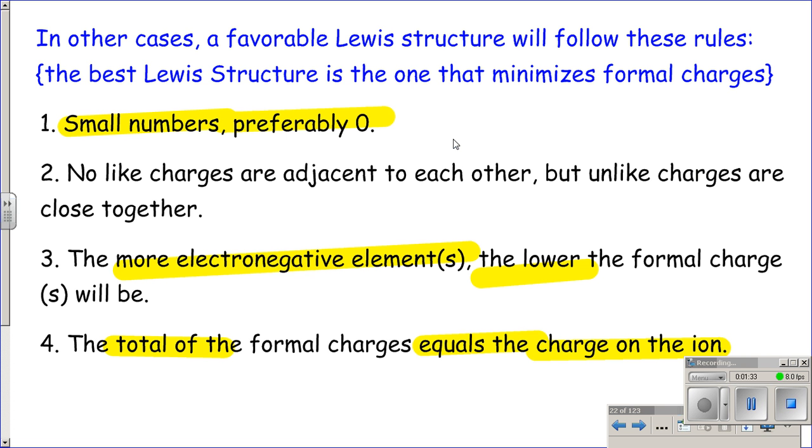In our first, not the best Lewis structure we drew for sulfate, but then we drew it again with double bonds between sulfur and oxygen, yielding 0, 0, 0, 0, and then 2 of the oxygens carried a -1 charge, summing to -2, which is sulfate's charge.